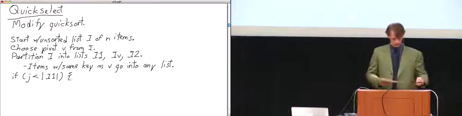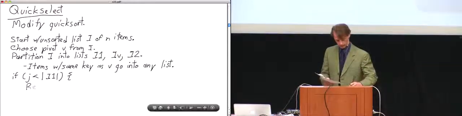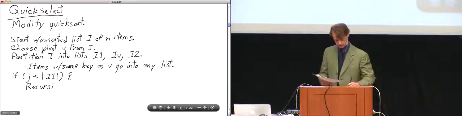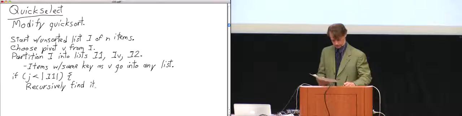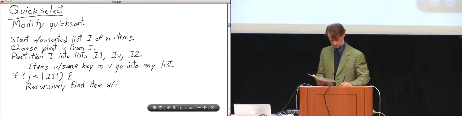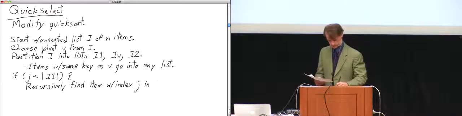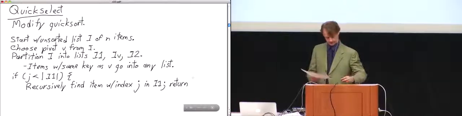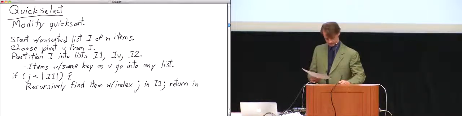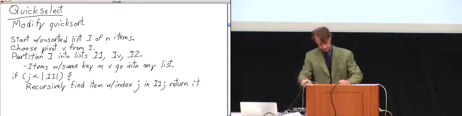And so we will call quick-select recursively on I1. And then we'll return the item, actually.